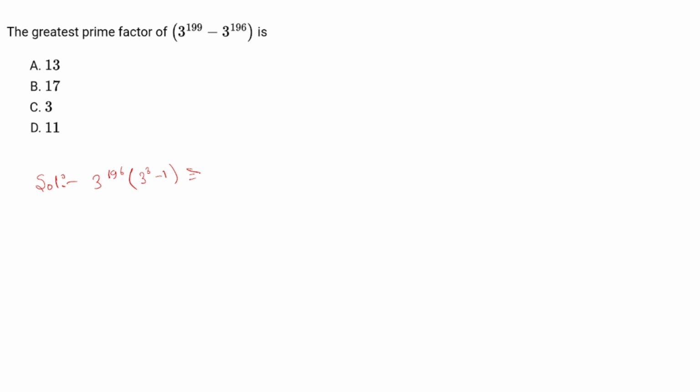So 3 to the power 196 into (3 to the power 3 is 27, 27 minus 1 is 26). We can break 26 as 2 into 13. So we get 3 to the power 196 into 2 into 13.